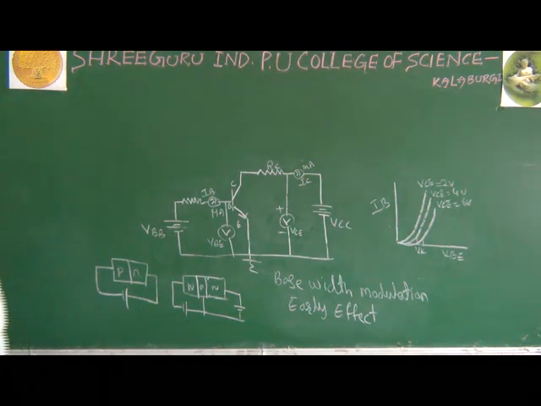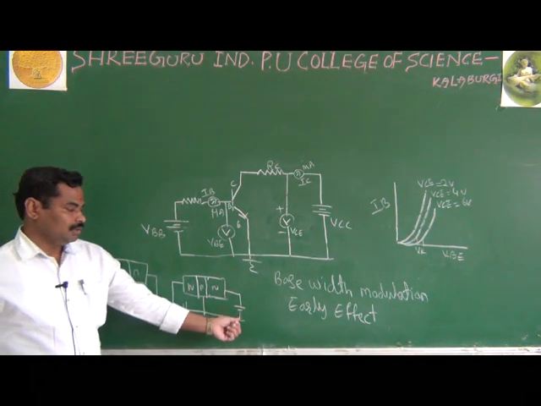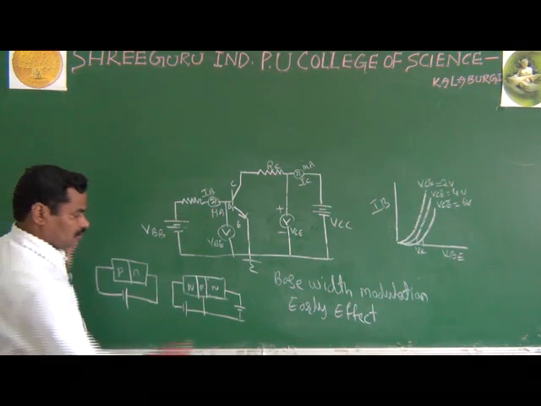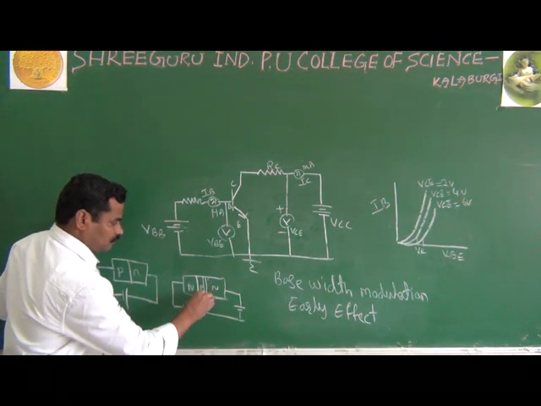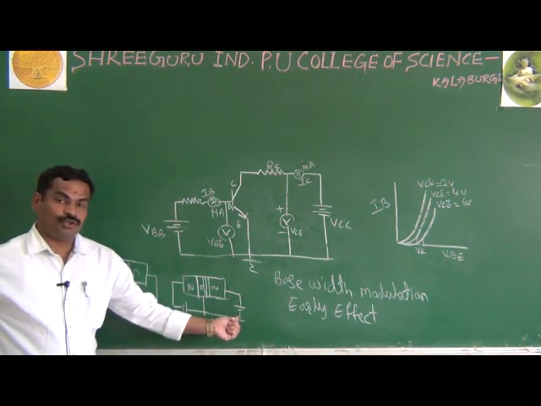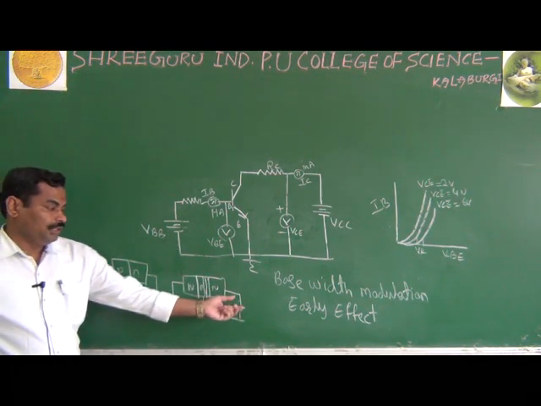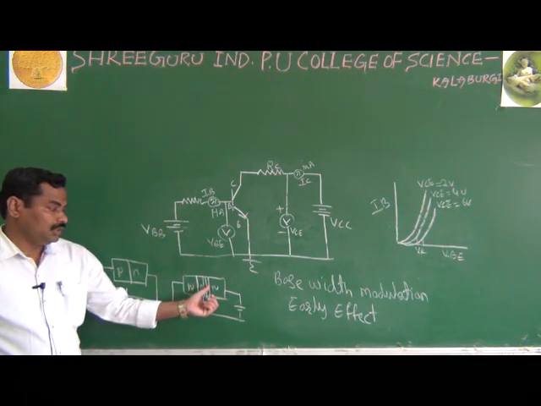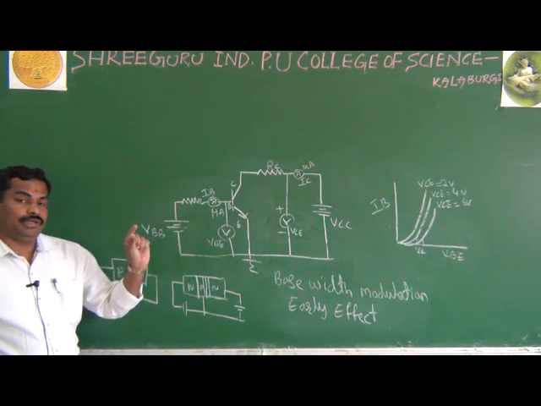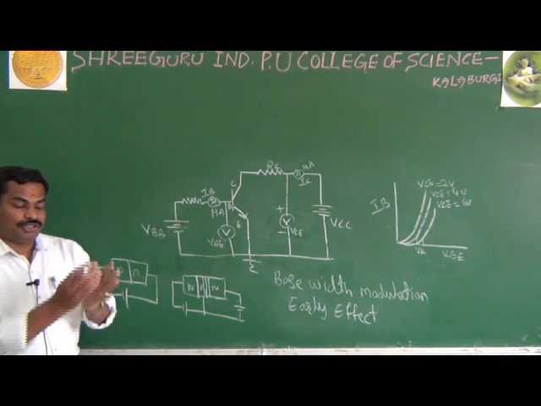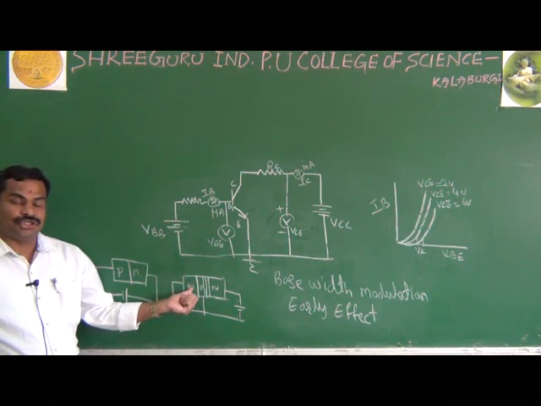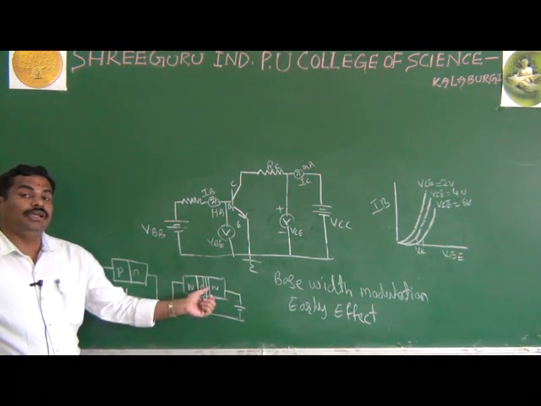Because of the reverse bias, you are increasing the reverse voltage, and the depletion layer forms here. As you studied already in diodes, by increasing the reverse voltage, the depletion layer increases. In the forward bias, the depletion layer reduces, but in the reverse bias, the depletion layer widens.